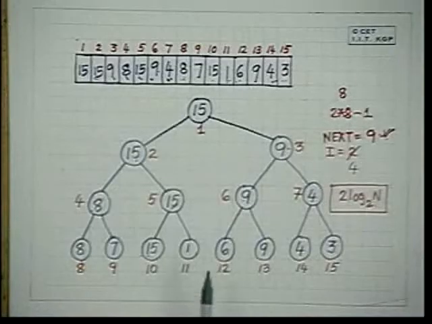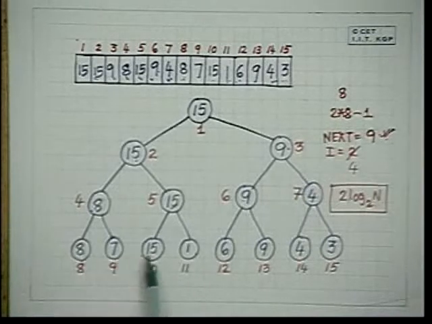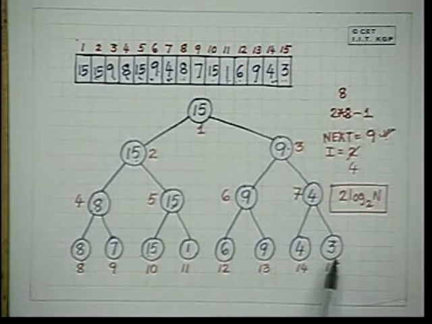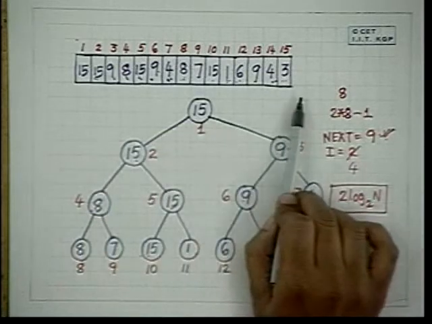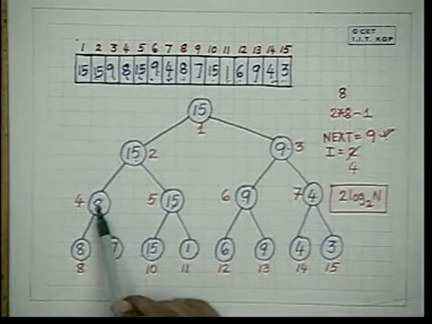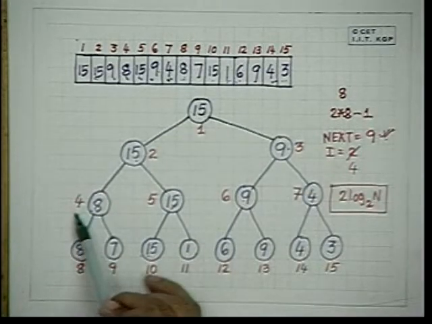Let us come to this tournament. You remember this diagram of a tournament in which we had these n numbers and we used an array of size 2n minus 1 and we compared 2 and put in the index of the half place.